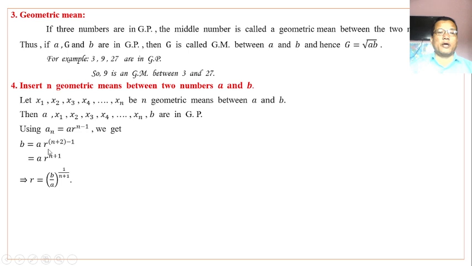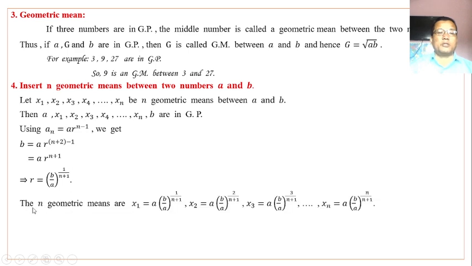After finding r, the first geometric mean is a times r, the second is a times r squared, the third is a times r cubed, and the nth is a times r to the power n.